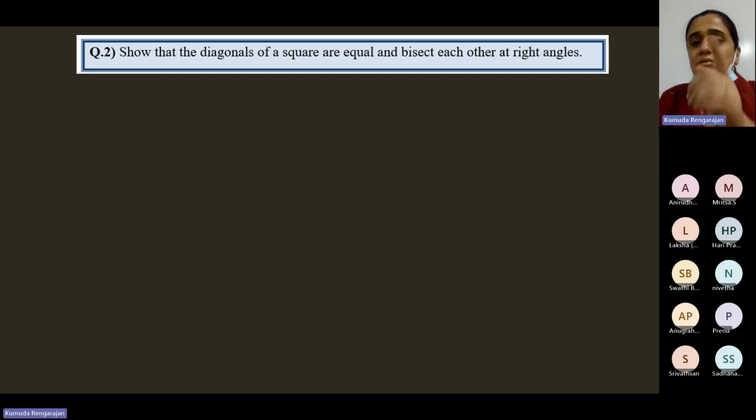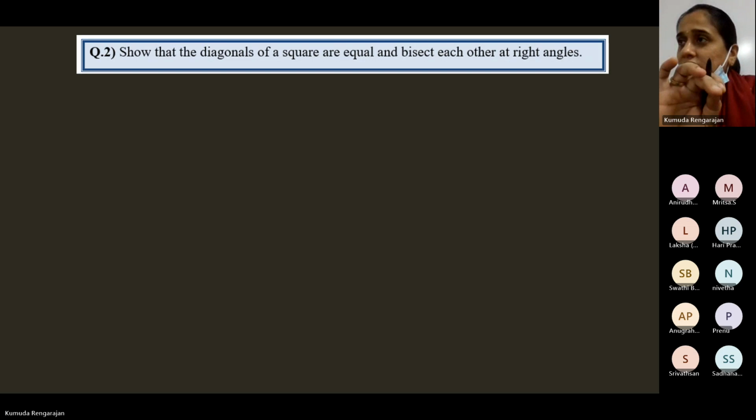Now the second one, that the diagonals bisect each other, is already true because a square is a parallelogram. You don't have to prove this. You can just mention that a square is a parallelogram, and in a parallelogram, the diagonals bisect each other. So in a square also, the diagonals will bisect each other. That's enough.